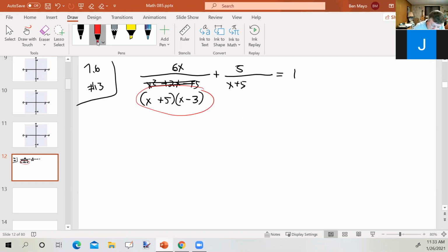So I'm going to multiply both sides of the equation by x plus 5 times x minus 3.